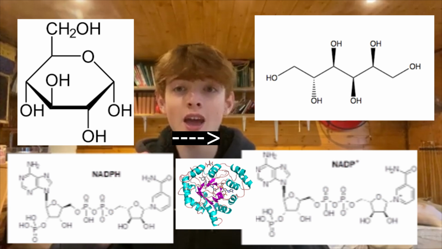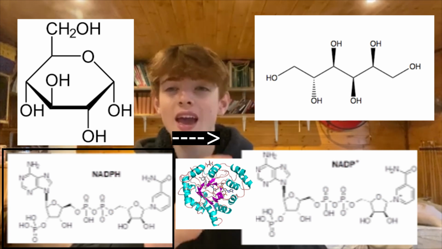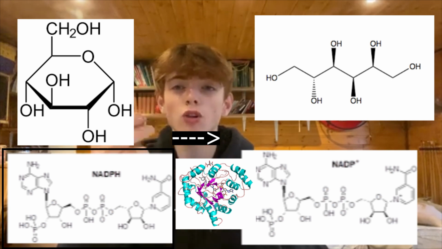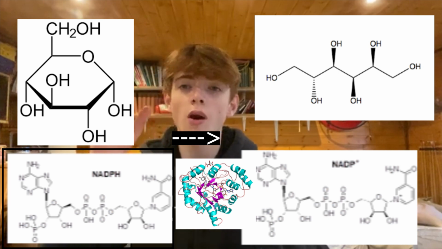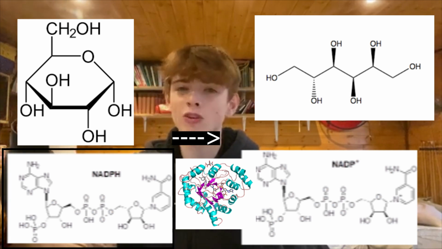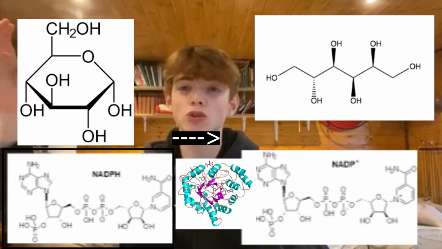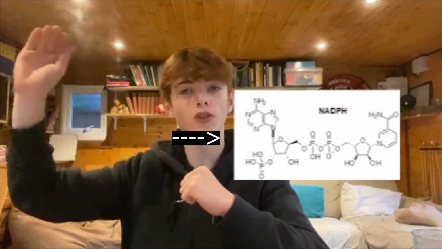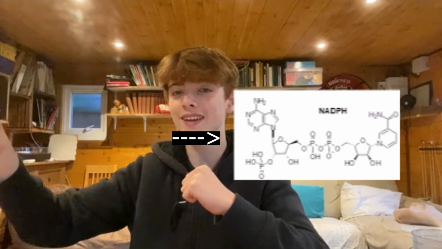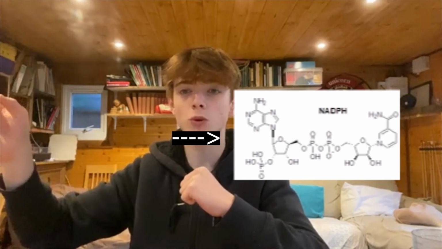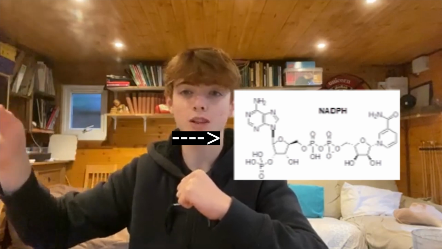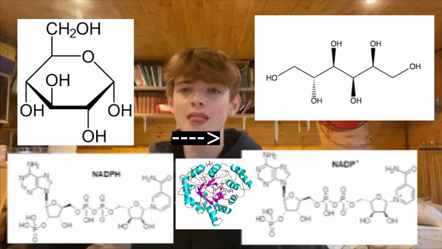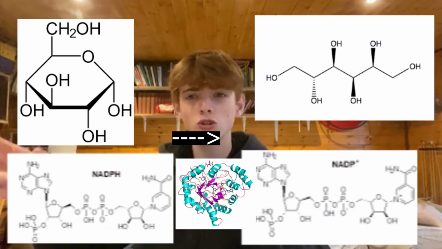Now this reaction ends up using quite a lot of energy. NADPH is a very useful molecule to the body. There is an entire pathway parallel to glycolysis that is dedicated to producing NADPH, the pentose phosphate pathway, which goes off the side of glycolysis, and NADPH can be used for so many metabolic processes in your body. This is like an unnecessary use of NADPH.